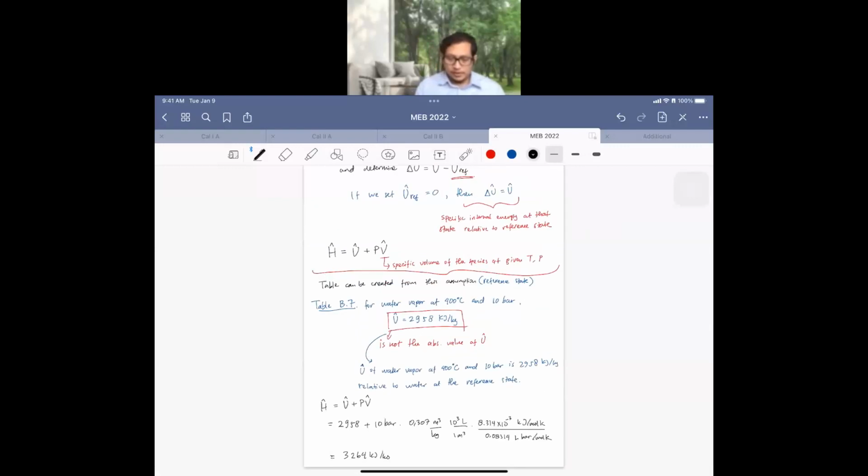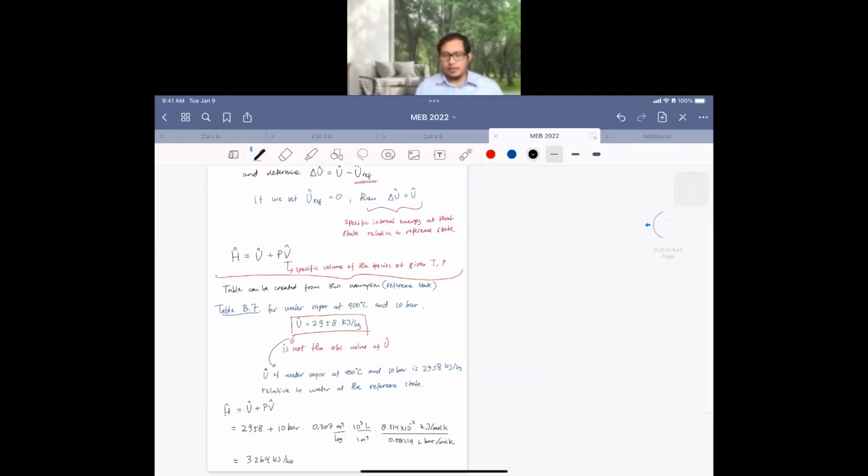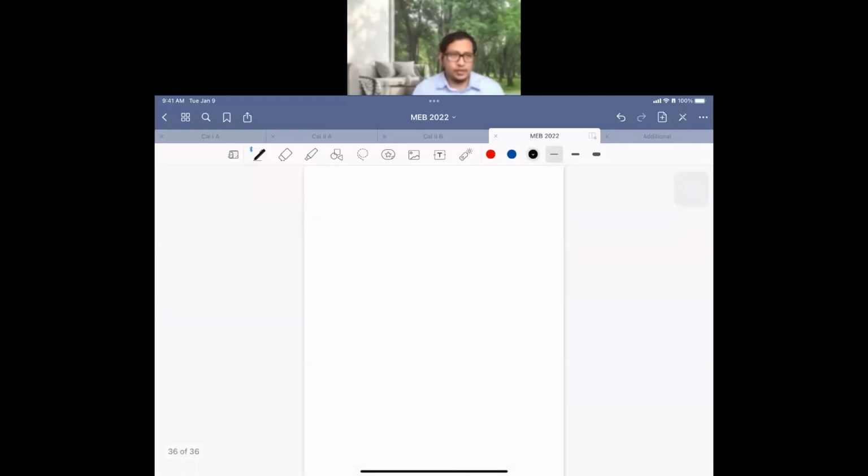Okay, now since we're dealing with this reference state, let me go through the idea of... or maybe I will write that since this internal energy and the enthalpy, we call them state properties.